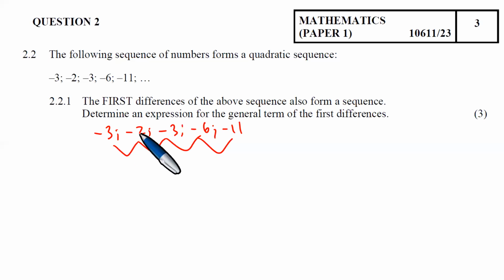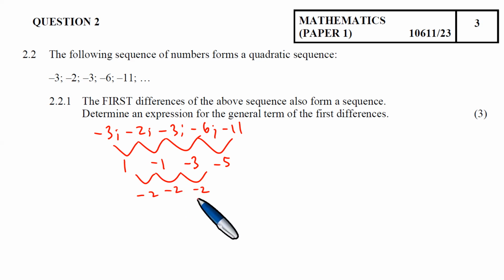If you subtract this minus that, you get a 1, then a minus 1, then a minus 3, and minus 6 minus minus 11 is minus 5. Subtracting these quickly, you get a minus 2, a minus 2, a minus 2.